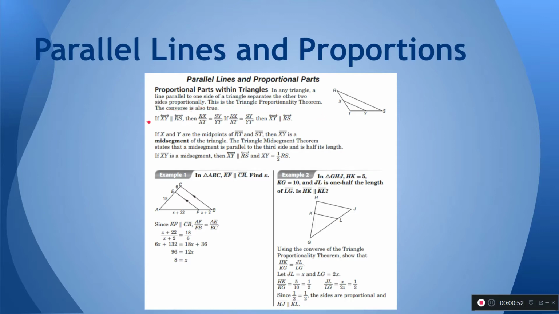And basically we look here saying that if we take the line segment XY and set it parallel to RS, then this segment, RX over XT, looking at our proportion here, is equal to SY over YT.